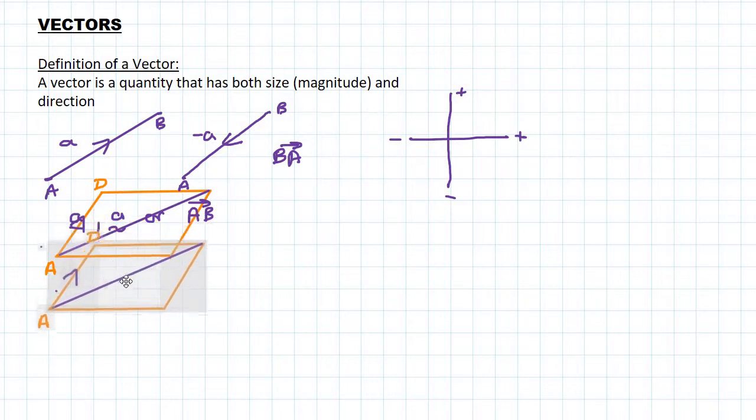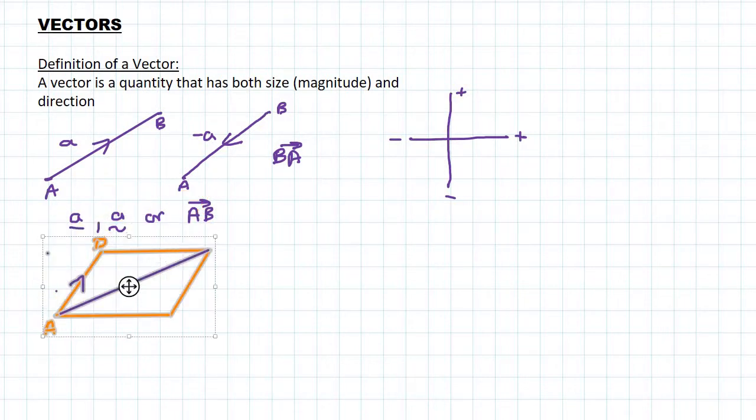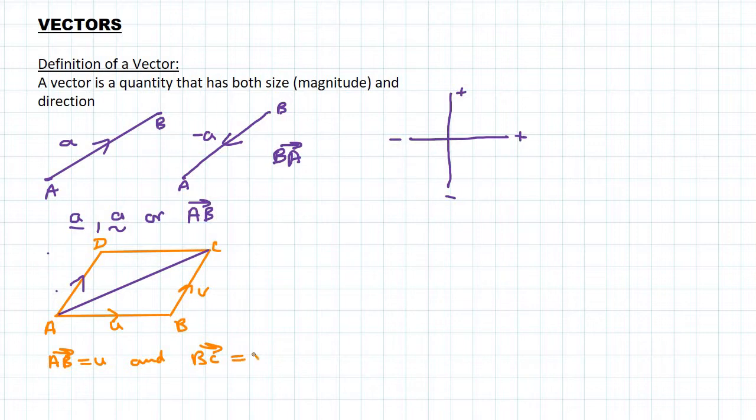Alright, so this diagram here, I started labeling it, but something went wrong in the transformation, so let's put it here, and this is going to be C, and this is B, and we have the vector U, and we have the vector V. So here we can write that the vector AB is equal to U, and the vector BC is equal to V.